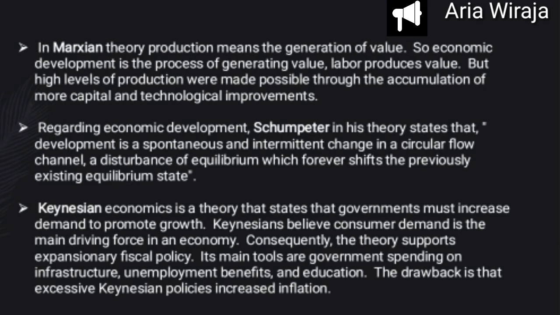In Marxian theory, production means the generation of value, so economic development is the process of generating value. Labor produces value, but high levels of production were made possible through the accumulation of more capital and technological improvement.